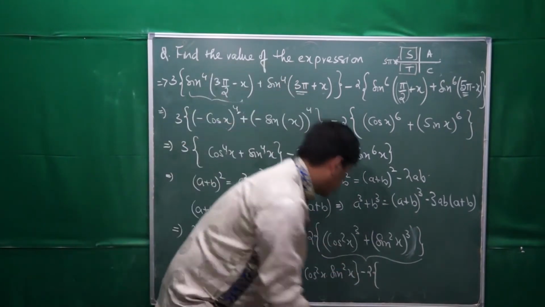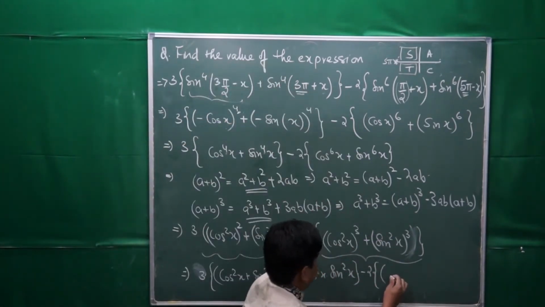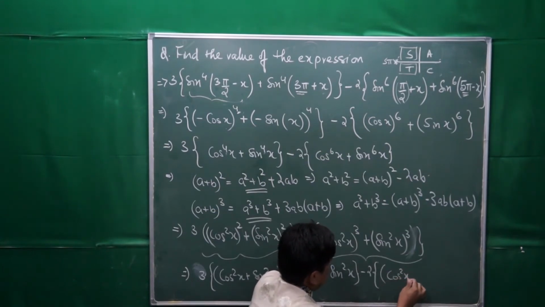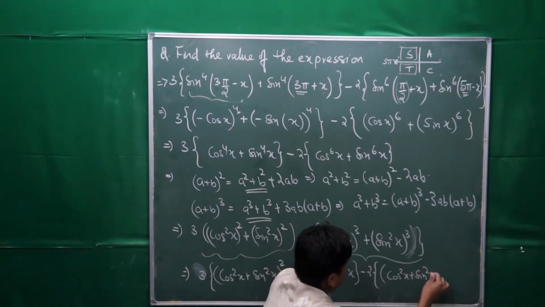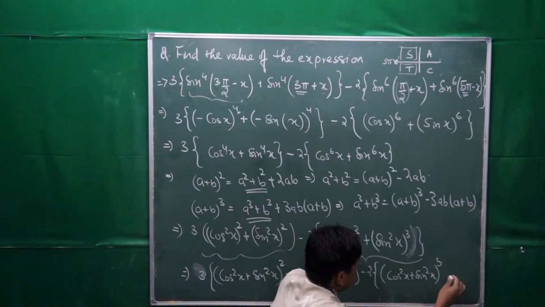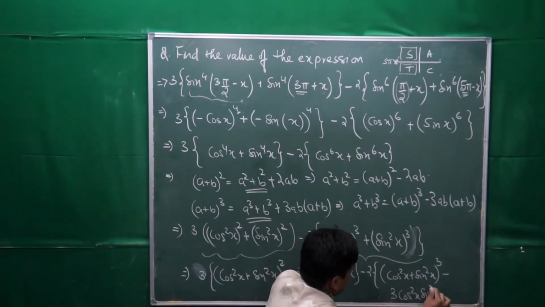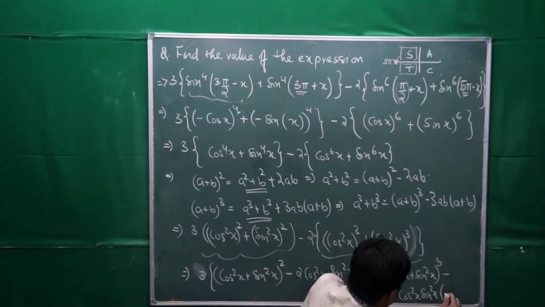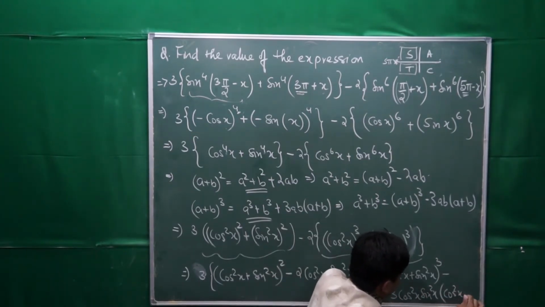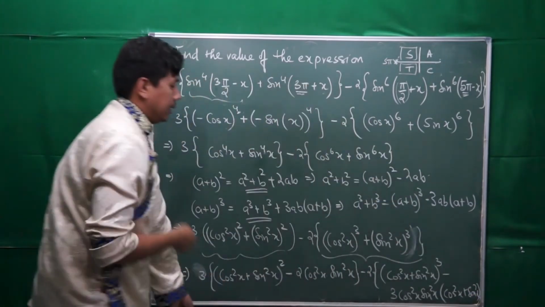So this can be written as cos square x plus sine square x whole cube minus 3 cos square x sine square x into cos square x plus sine square x.